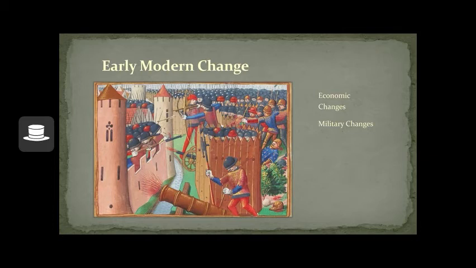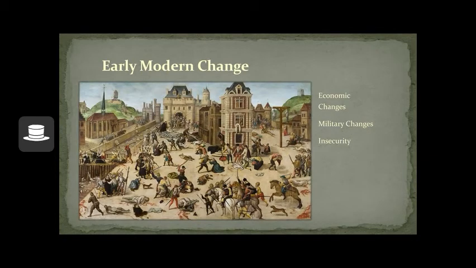The biggest push, perhaps, though, was the insecurity of the early modern period. And this came both internally and externally. Internally, the 1500s and 1600s were an incredibly violent time because they were the time when Europeans began to fight each other over religious beliefs. These were sometimes called the wars of religion.